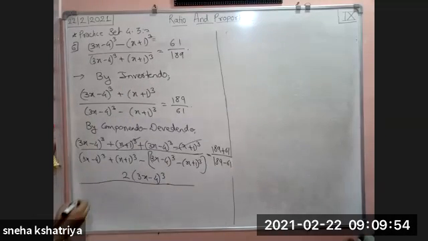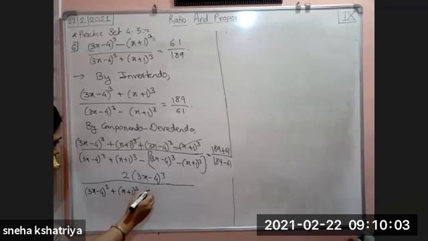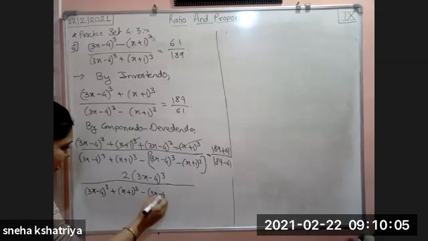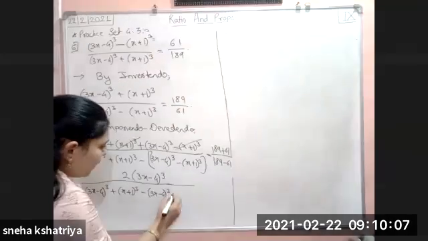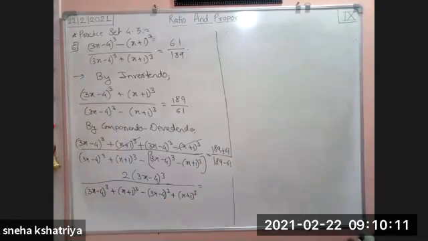First we have to multiply by minus sign, so we will get (3x minus 4) bracket cube plus (x plus 1) bracket cube minus (3x minus 4) bracket cube plus (x plus 1) bracket cube, which is equal to, solve at the right hand side, it is 189 plus 61, that is 250.